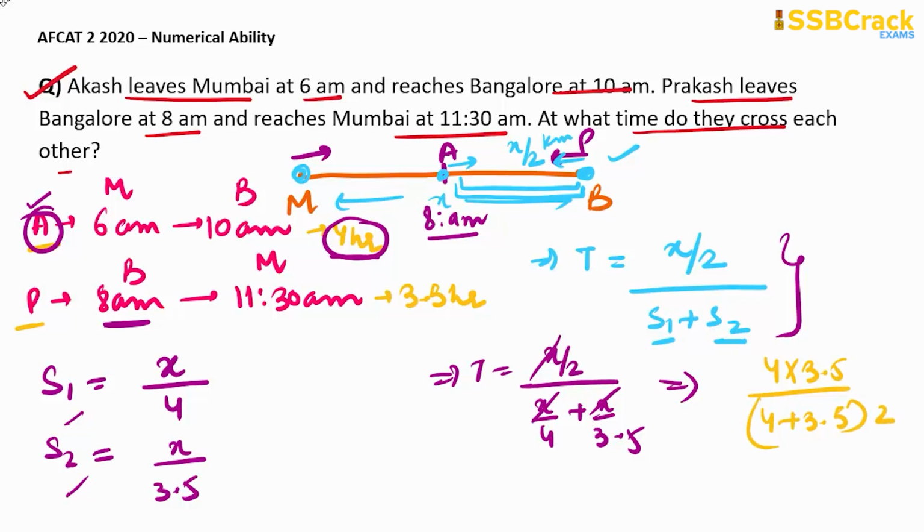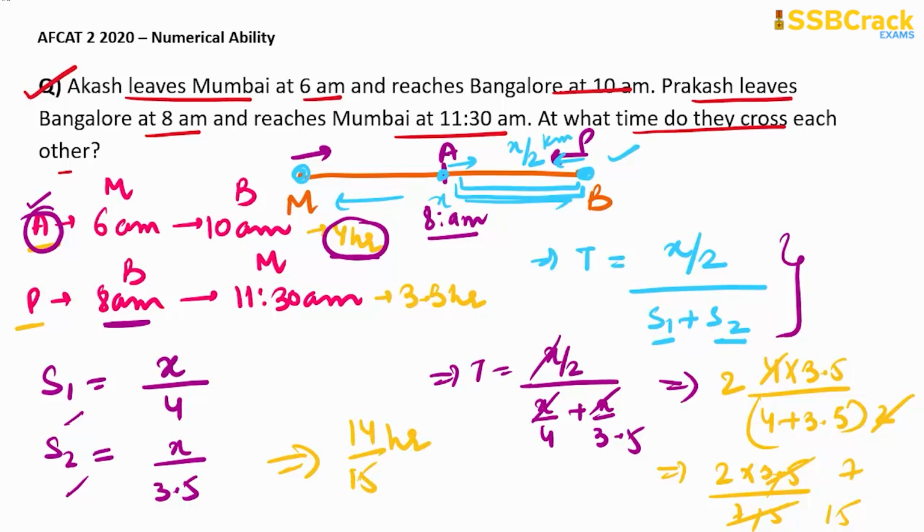You can find it by taking the LCMs. So this 2 will cancel with this 4, and here it will be 2 into 3.5 divided by 7.5. So this will cancel out, and 5 sevens are 35 and 5 15s are 75. It will be equal to 14 by 15 hours.